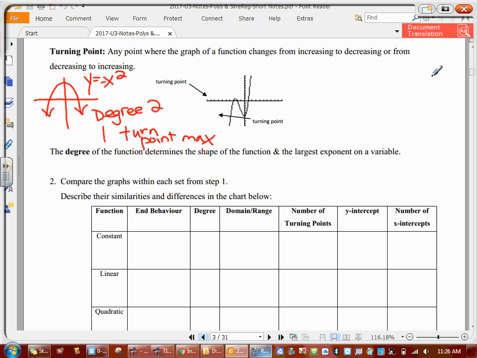Okay, degree 100 could only change directions 99 times. Okay, it's always 1 less. And our degree determines the shape. So degree is the highest exponent on the x variable. Always the highest exponent on your x variable. That's what our degree is. So degree 3 would be a cubic. Degree 2 is our quadratics. Now we're going to analyze what we know about them. We're going to sketch some graphs.